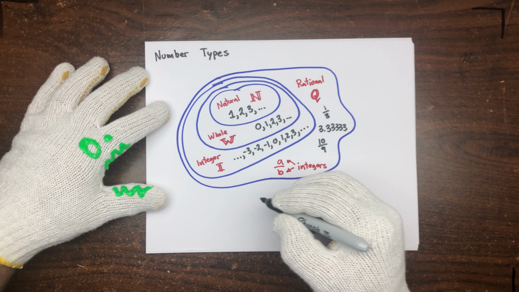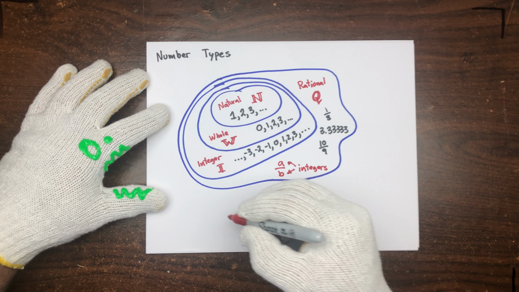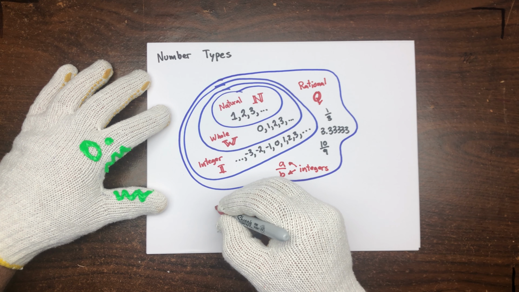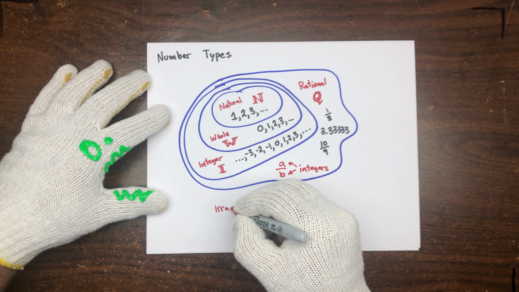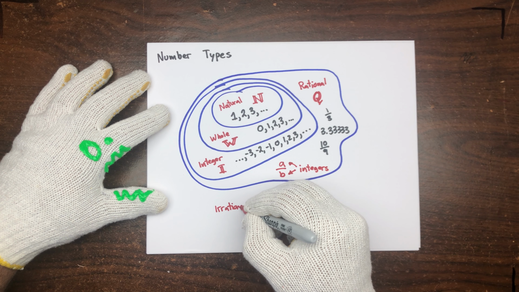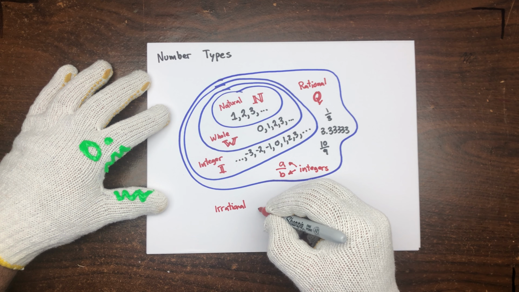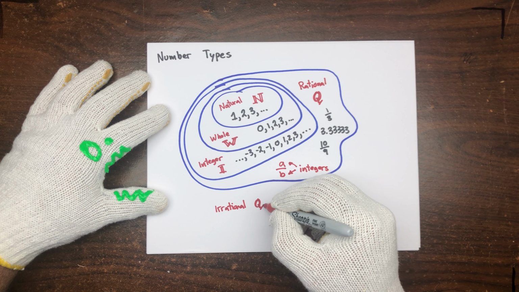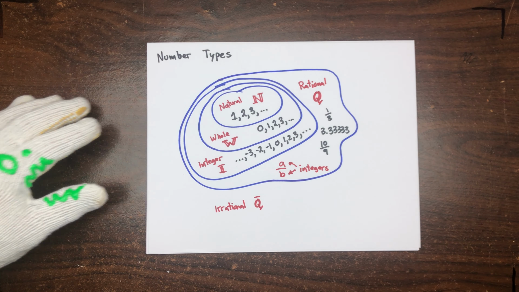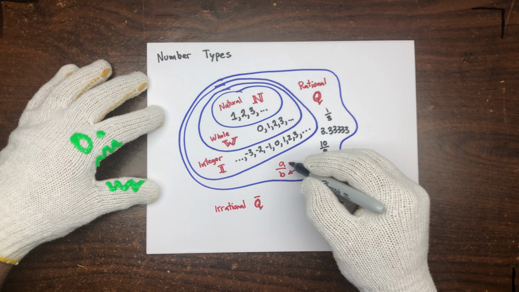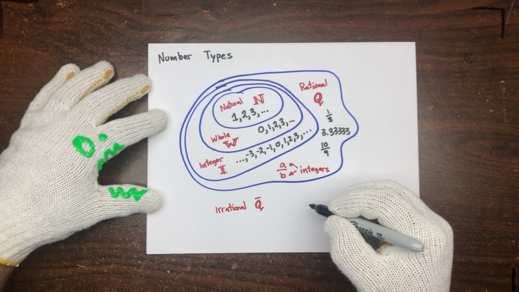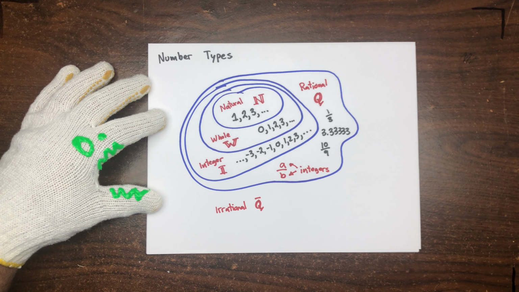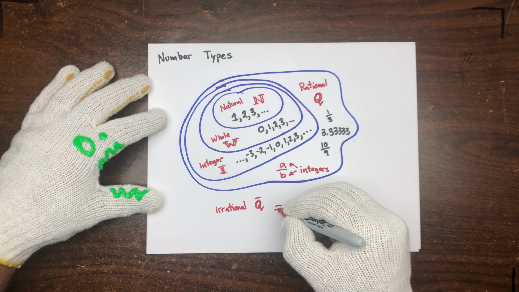Who wants to take a guess what irrational numbers are? Irrational numbers cannot be represented by a fraction over a fraction.